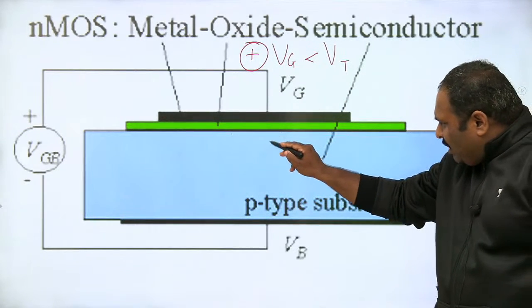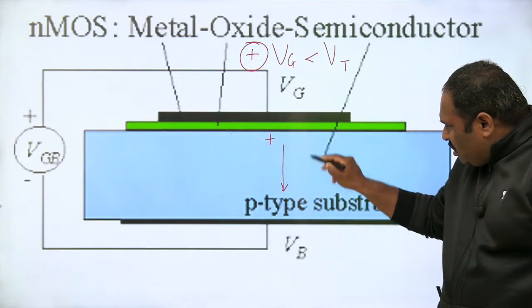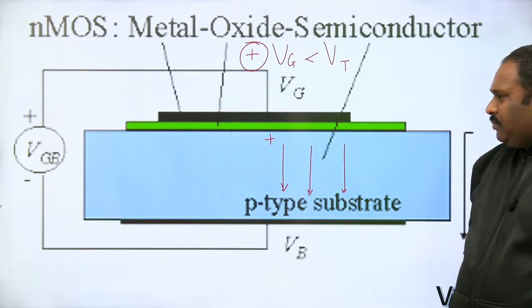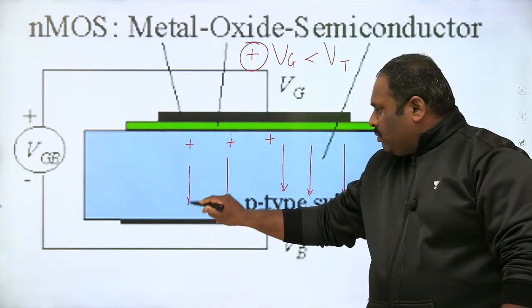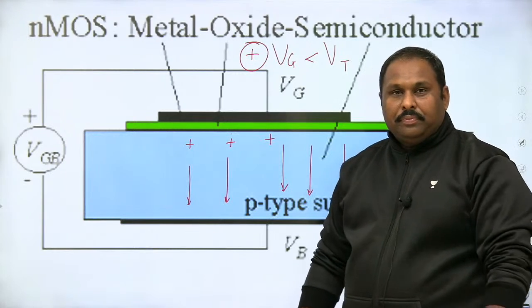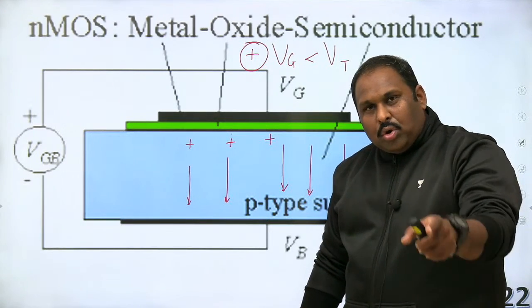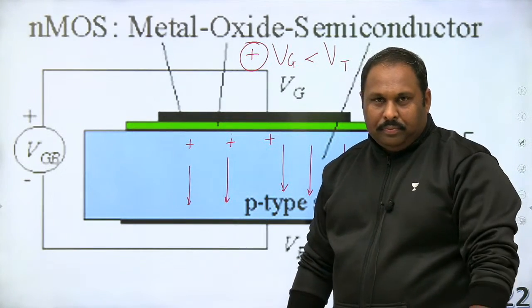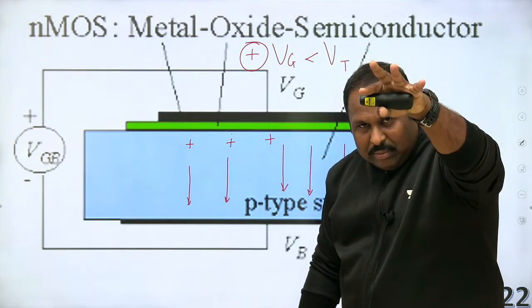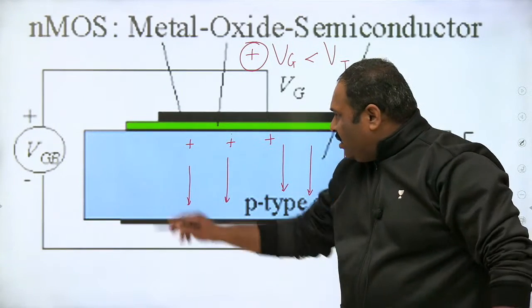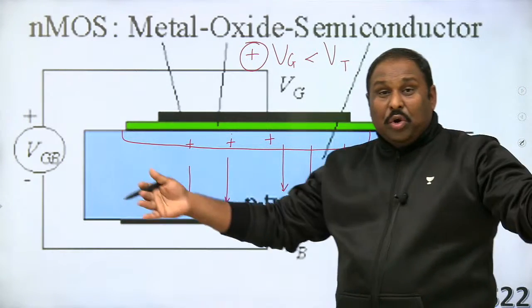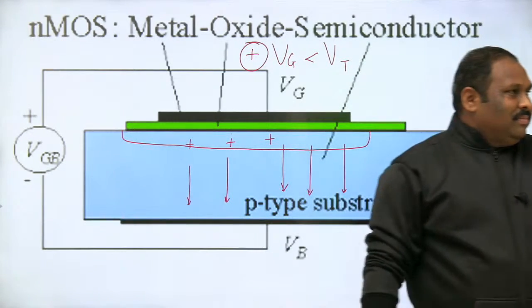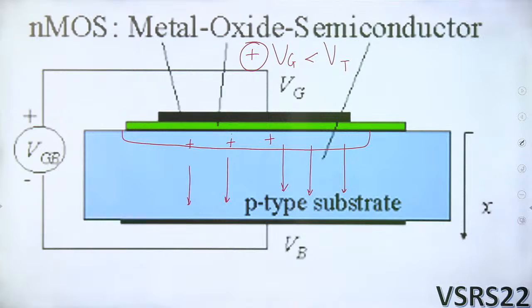It can only ripple away the holes here to the lower regions. All the holes will move down because it's a positive voltage. So once your holes are moving down, once all your carriers are going away, यहाँ पे एक region बनती है which is having no carriers. It is depleted of carriers.